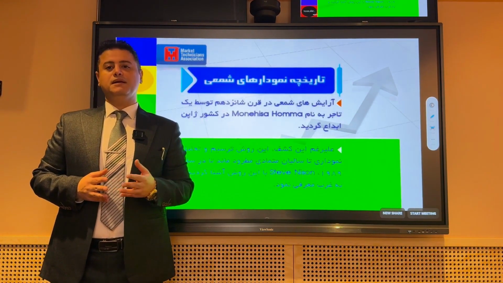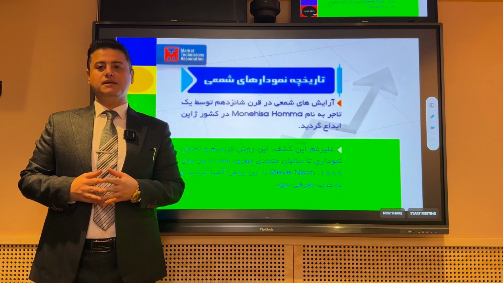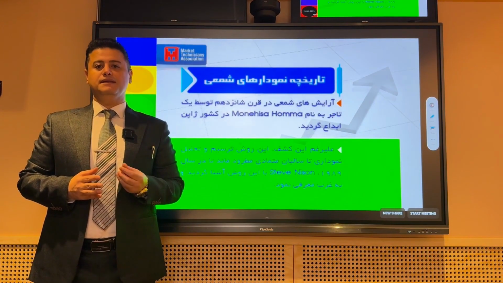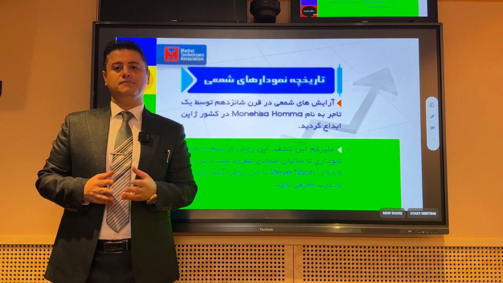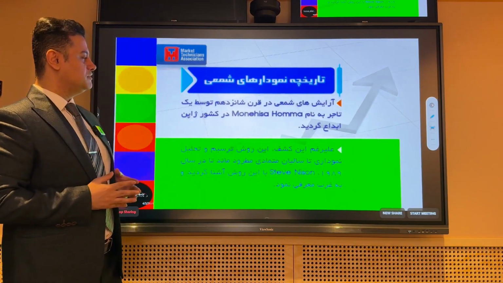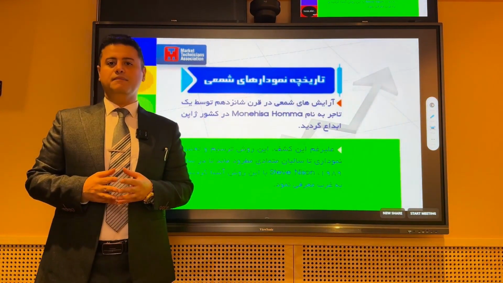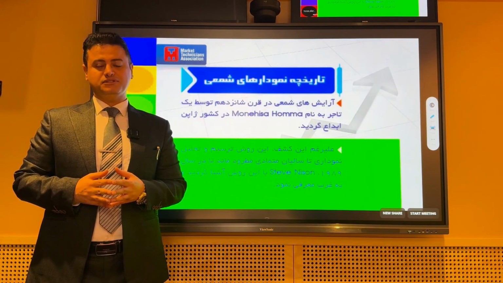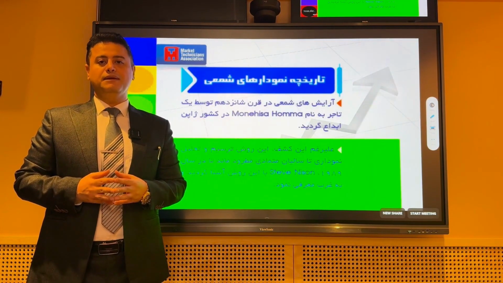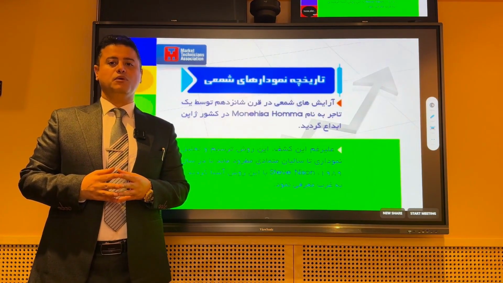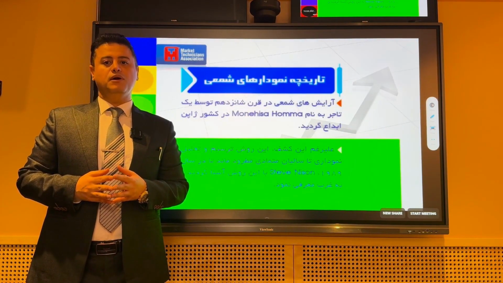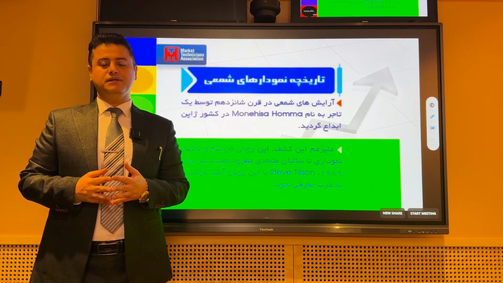Candlestick patterns were developed in the 16th century by a Japanese trader named Mr. Munehisa Homma, whose name I have written here. Mr. Munehisa Homma invented them in Japan. These patterns and formations actually show four main prices overall and operate on this price chart.